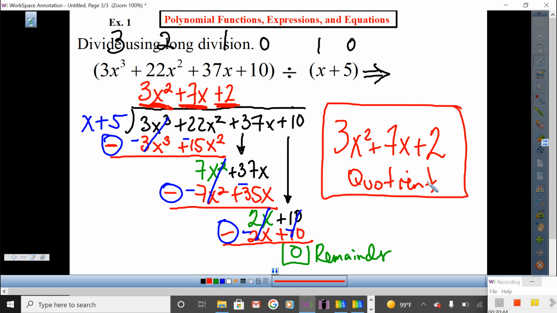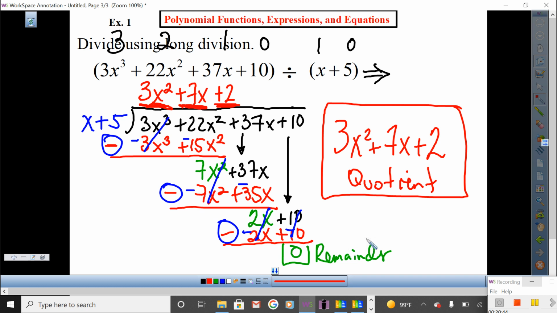All right, and that's the entire lesson. All right, so standard form, dividend, divisor. We start one at a time. Bring the next term down, do it again. Bring the next term down and do it again.